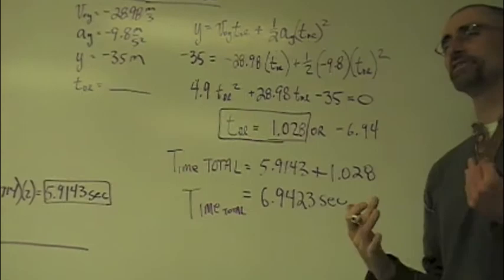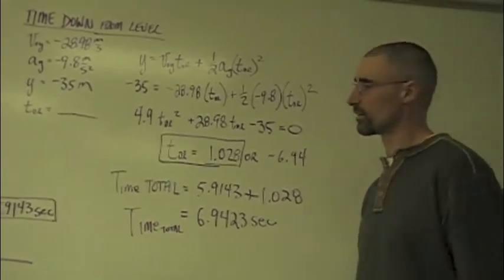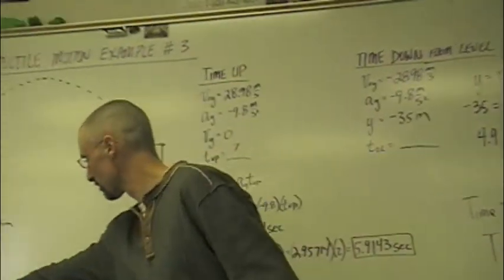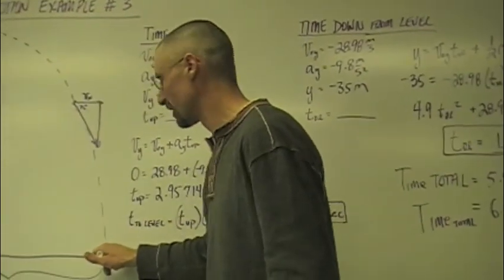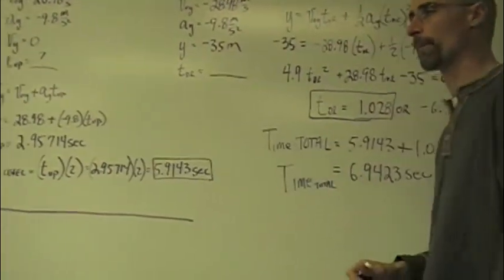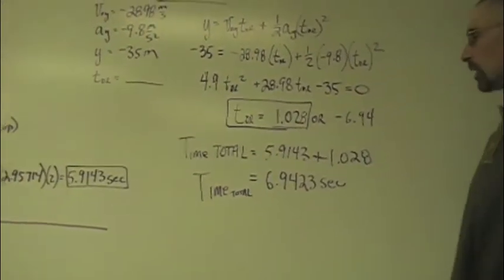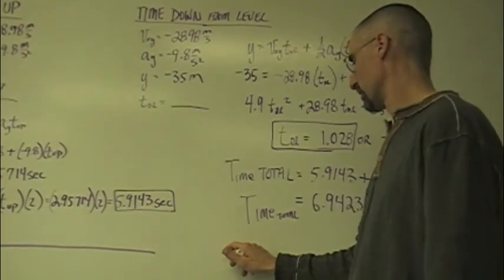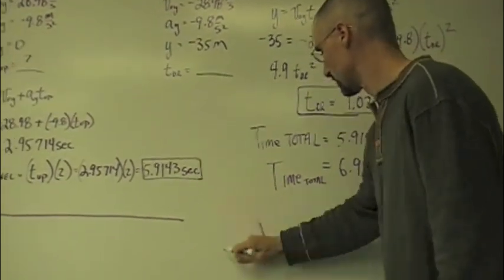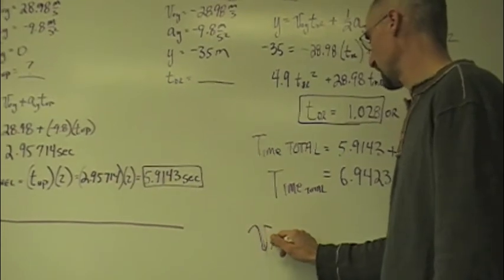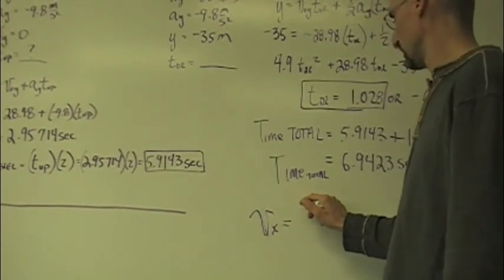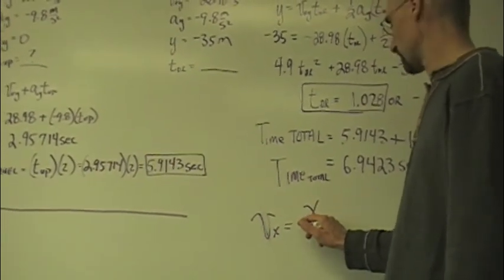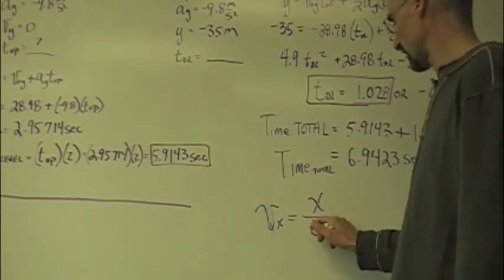In order to find the distance traveled downrange from where we fired to where it landed, what would we have to do now? Well, we know that velocity in the x is equal to the distance in the x divided by the what? The time.